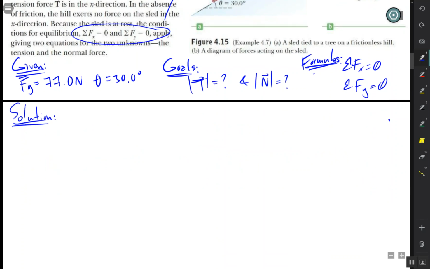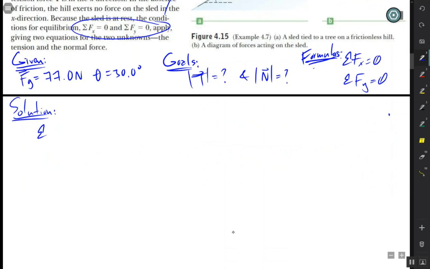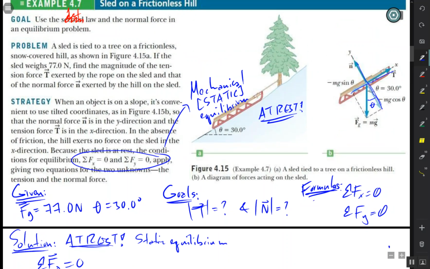So let's start with the x. It's completely at rest. That means all the forces on it equal 0. They have to cancel out because it's in what we call static equilibrium. If you look at our free body diagram, there's only two forces in the x.